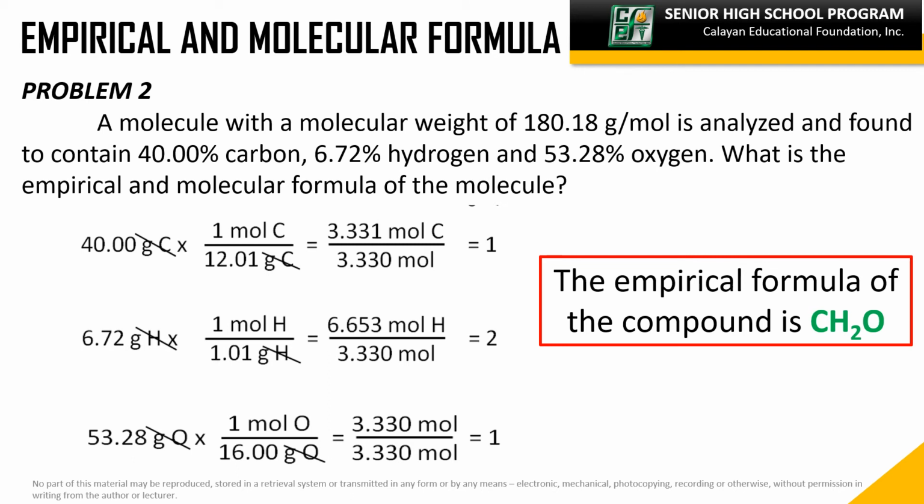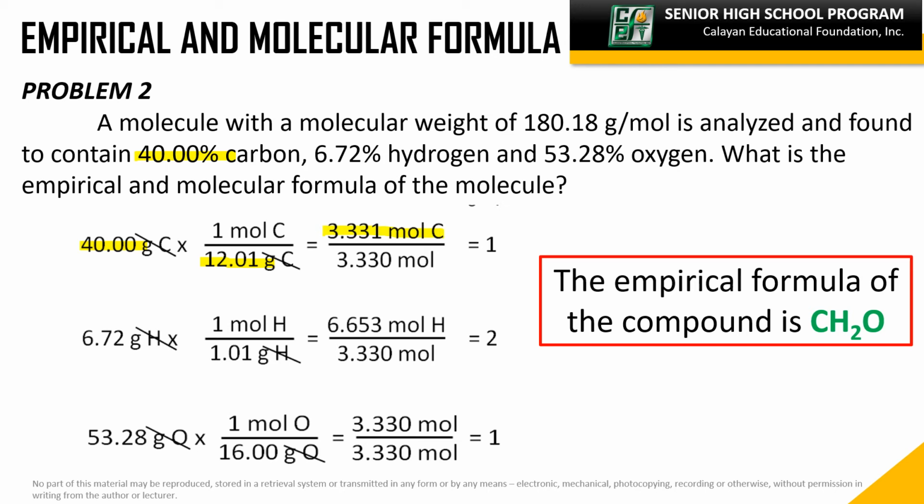Next, we have to get the moles of carbon, hydrogen, and oxygen. In every 1 mole of carbon, we have 12.01 grams. So 40 times 1 divided by 12.01, you'll get an answer of 3.331 moles.